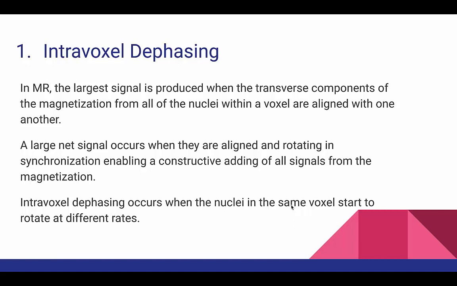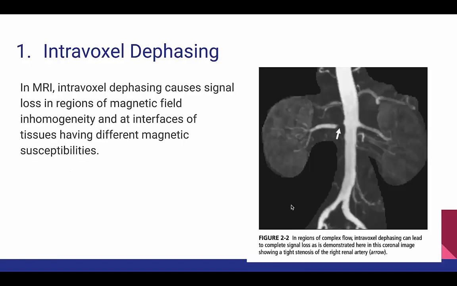But intravoxel dephasing occurs when the nuclei in the same voxel start to rotate at different rates. So there's a picture here. It was taken from a textbook, and as you can see, intravoxel dephasing occurs this way. You see there's the blood vessel, it's kind of shaded.